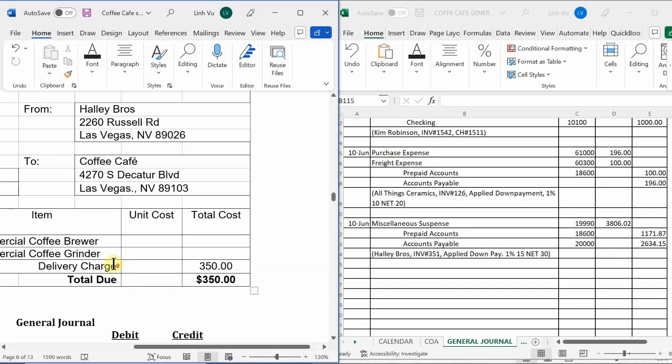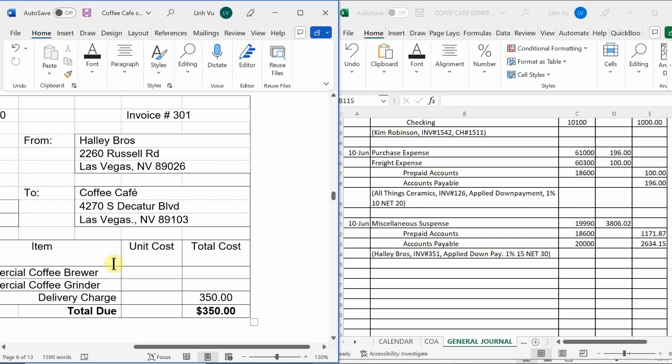Okay? Now, where is my coffee brewer and coffee grinder? Where did I place them? You have them in miscellaneous suspense. Exactly. So therefore, because this is part of the cost of my fixed asset, right? The cost of the asset includes everything that gets your asset ready for service.